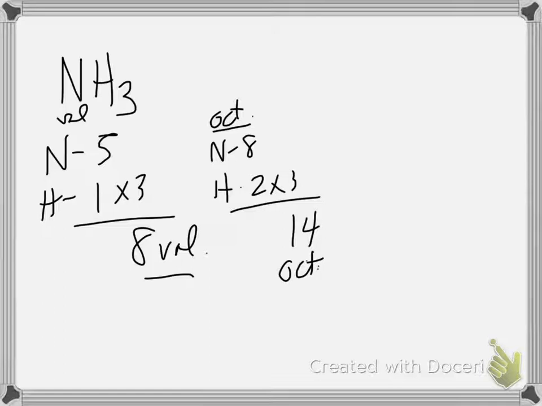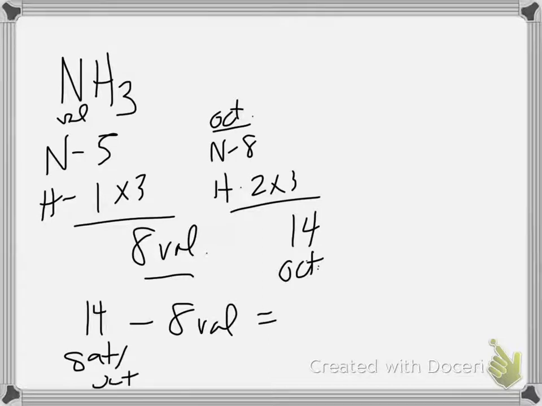So if everything here was totally satisfied, totally fulfilled, they have 14 electrons. How many would they have to share? How many bonds should we be looking for? We should be looking for 3 bonds because 14 satisfied minus 8 that they actually have, 6 are going to have to be shared.